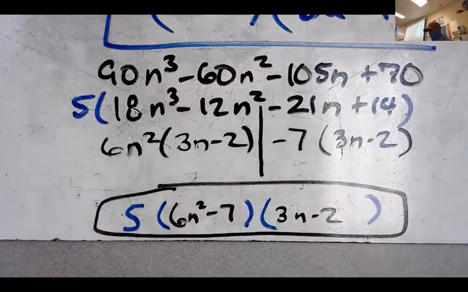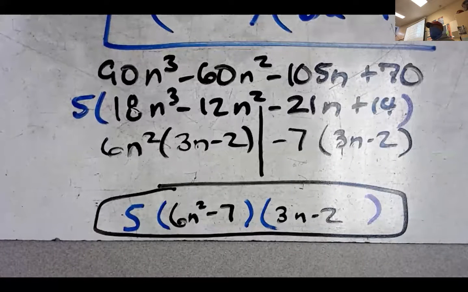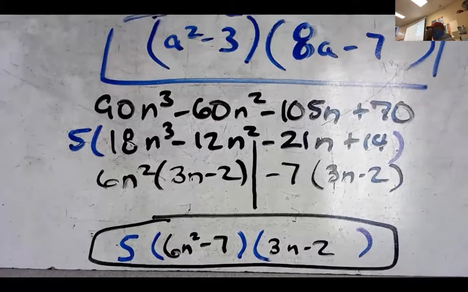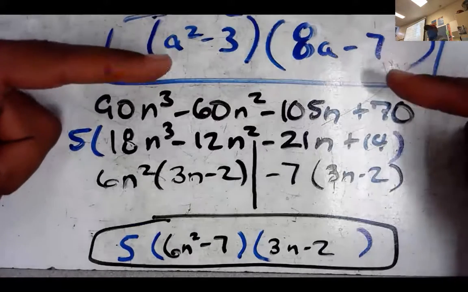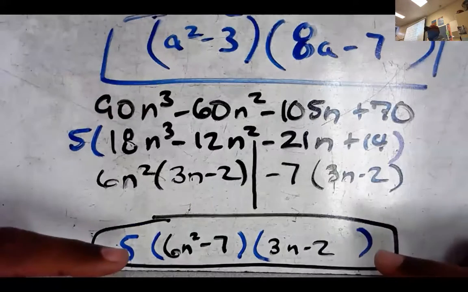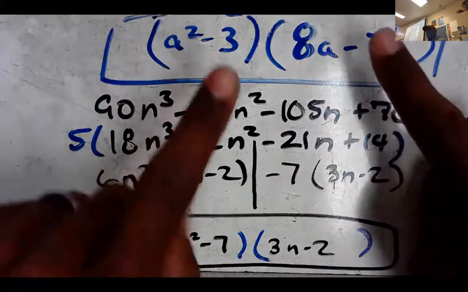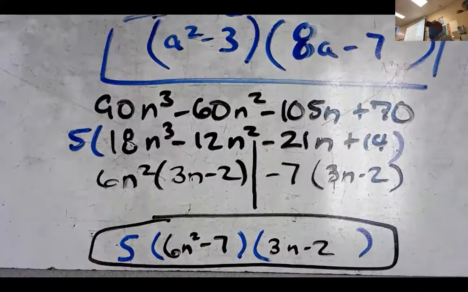Now, the other thing when you're working on these is double check: can I factor anything at the end? Is there anything factorable here or here, or in one of those factors? Are they factorable?